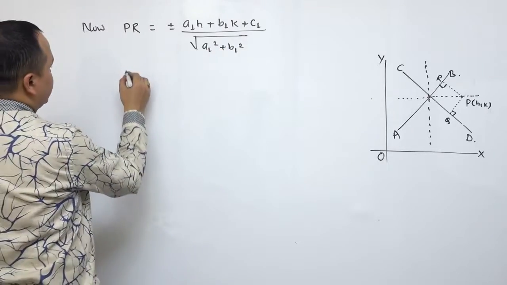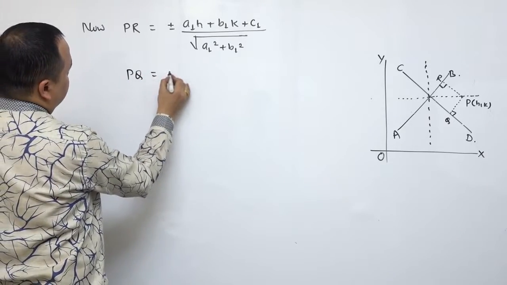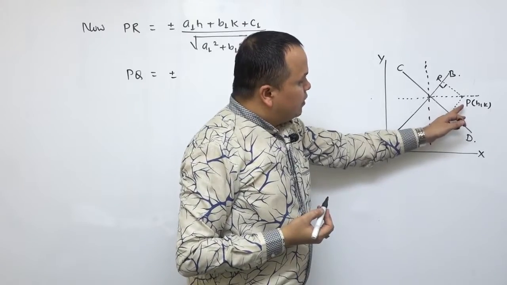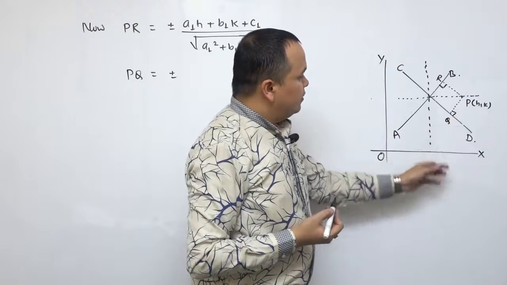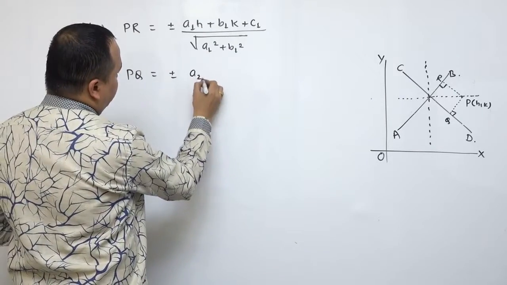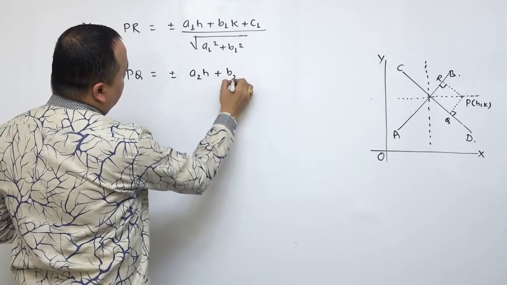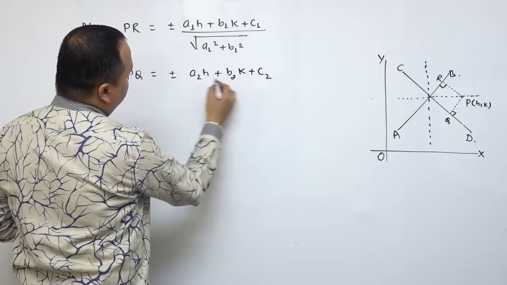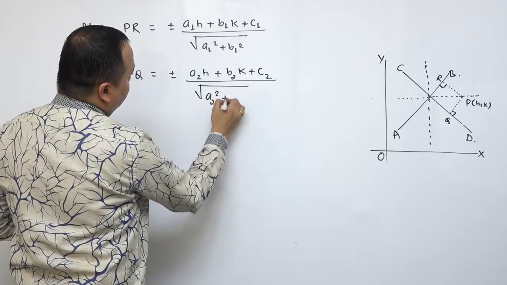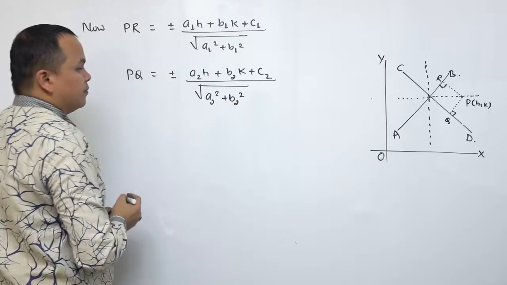Similarly, PQ is equal to plus minus the length of perpendicular from P(h, k) on the line CD, which is (A2h plus B2k plus C2) divided by root over A2 square plus B2 square.